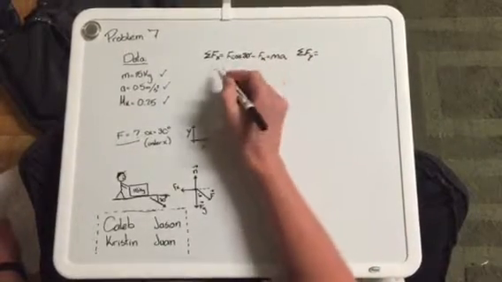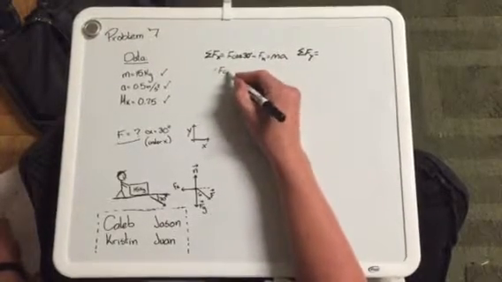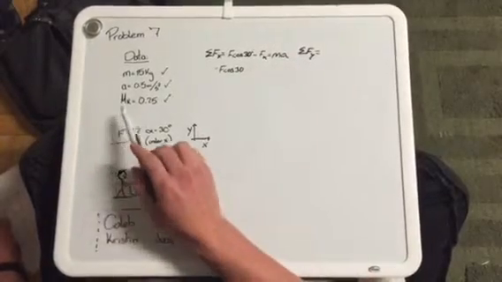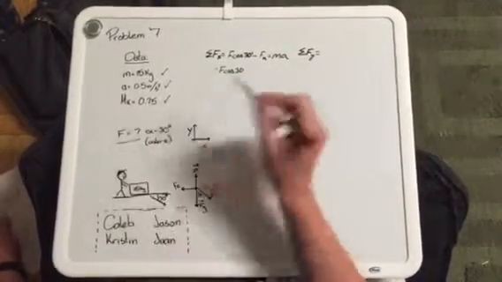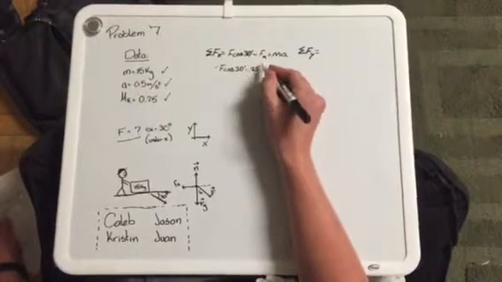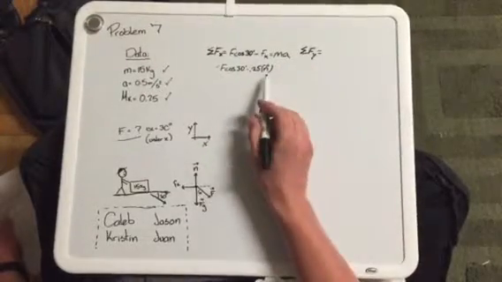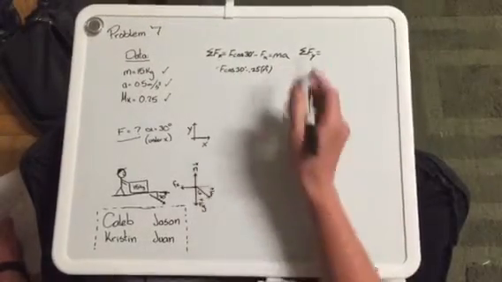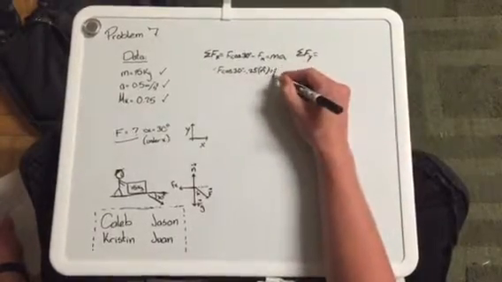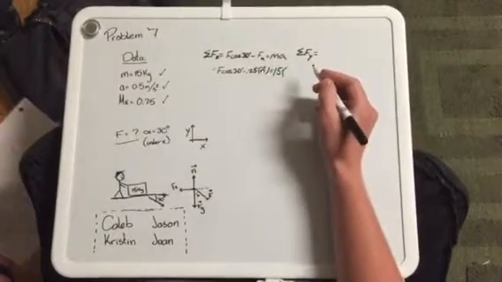So we know that the force of the kinetic friction is the mu of kinetic friction, which is 0.25, times the force normal. We don't know what the force normal is yet, so we need to find that. And we set that equal to the mass, 15 kilograms, times the acceleration, which is 0.5.